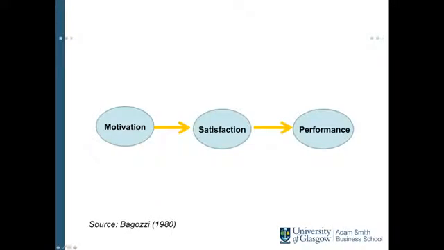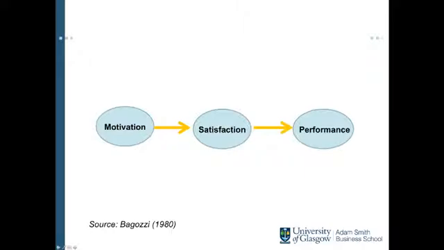Multiple dependence relationships are one aspect of messiness, and the case of performance in Bagozzi's model is one good example. As you recall, performance is influenced by satisfaction, which in turn is impacted by motivation. Mathematically speaking, the dependent concept performance is affected by another dependent concept, satisfaction, which is then influenced by yet another concept, motivation.